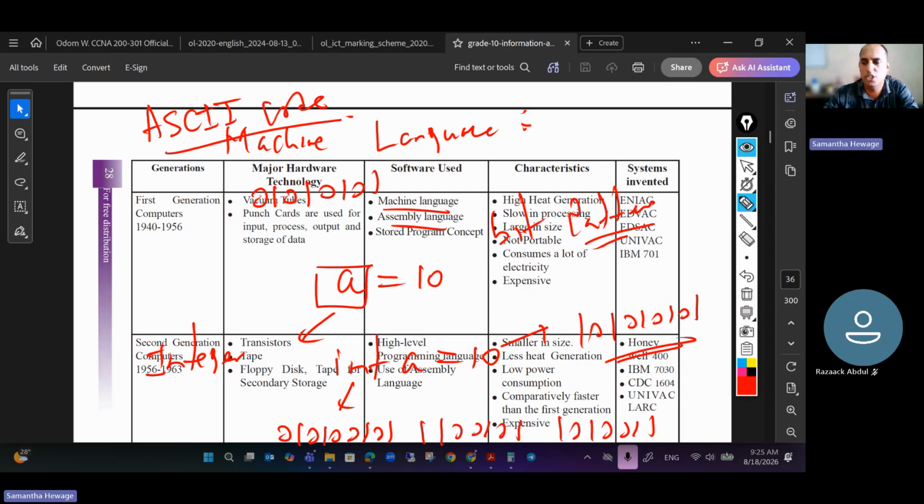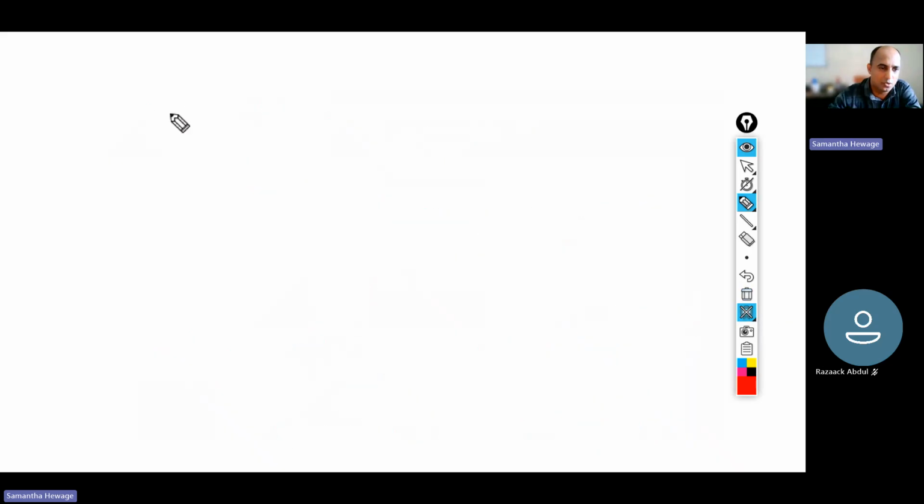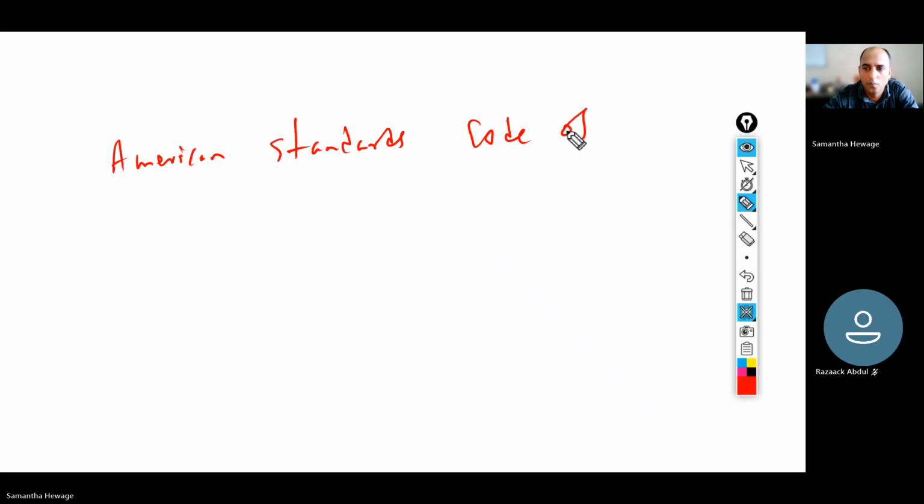So this is ASCII code. I will tell you the meaning of ASCII code: American Standard Code for Information Interchange.